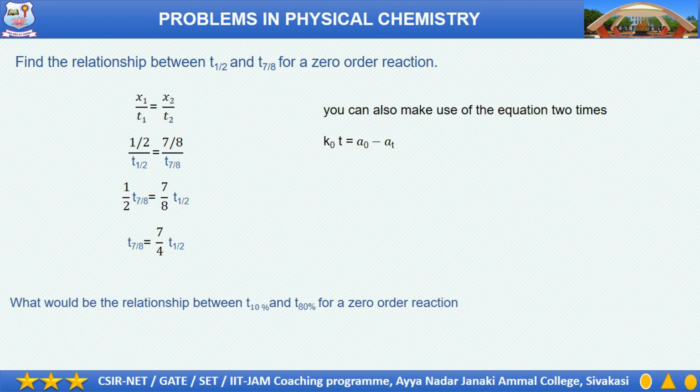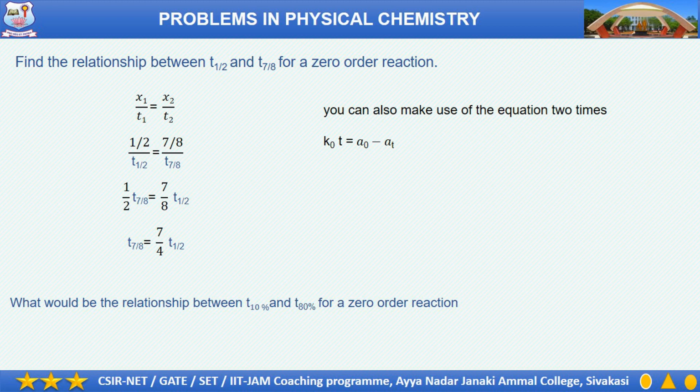X1 is equal to half, or 50%. You can make use of it, or half is sufficient. The time taken for it is T half. It should be equal to the fraction to be converted, 7 by 8, divided by T of 7 by 8.